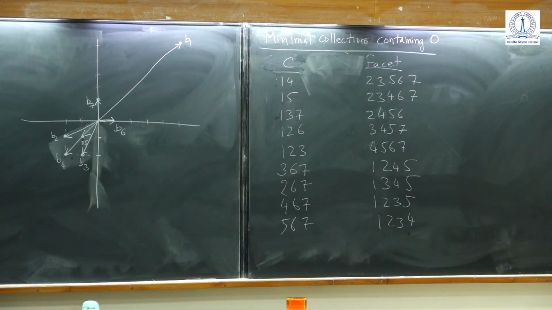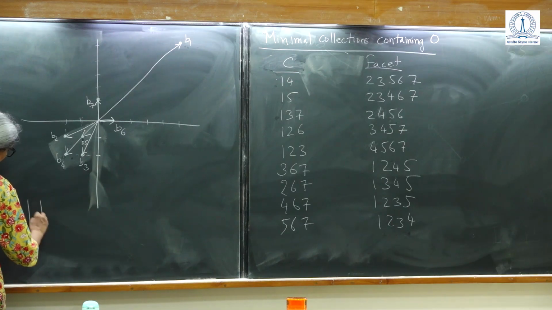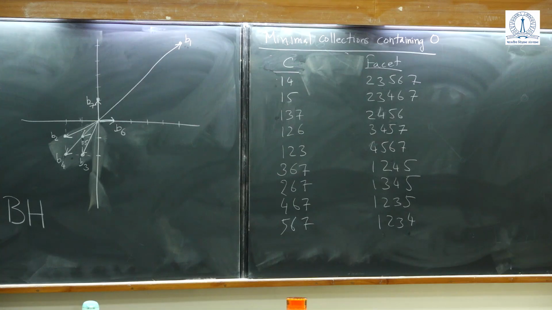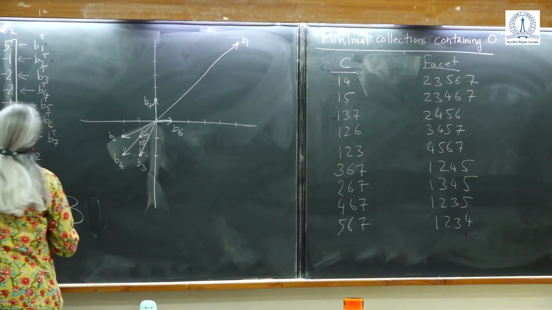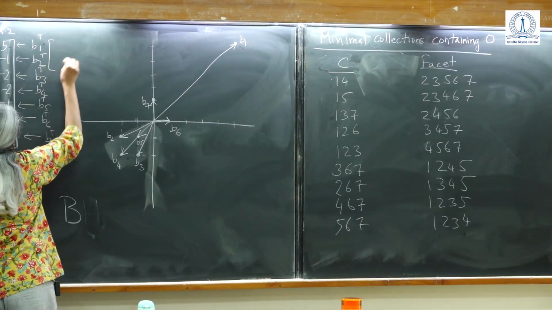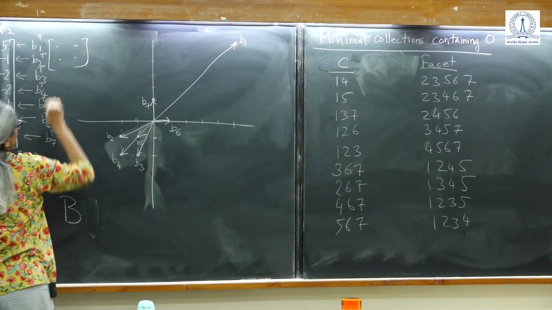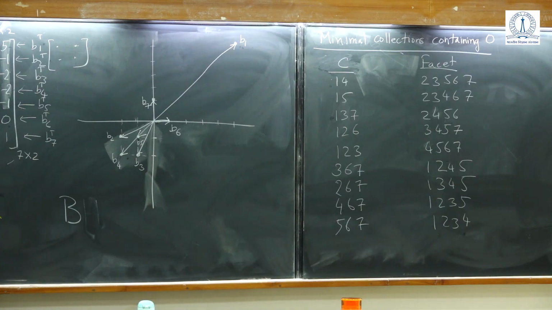You can multiply the B on the right with some other matrix like H, which is invertible. It's still a basis. GL2 action, exactly. I can multiply here with a 2 by 2 matrix, and I will get a different basis. So there are a lot of different choices for this picture.